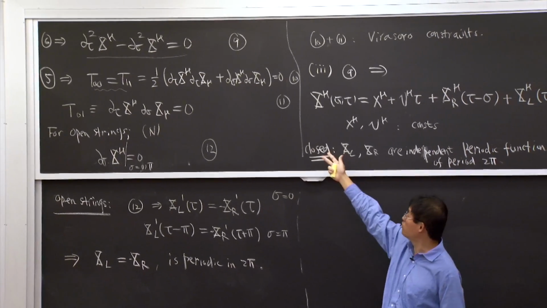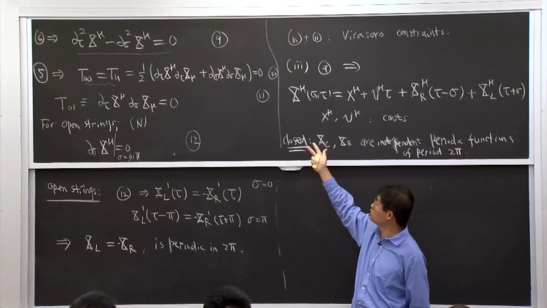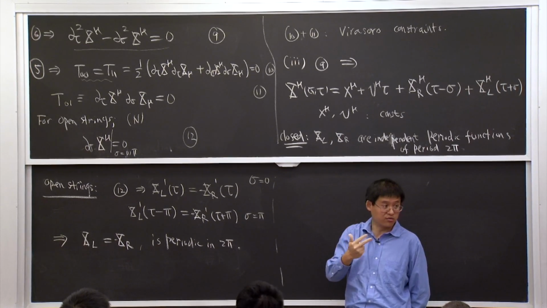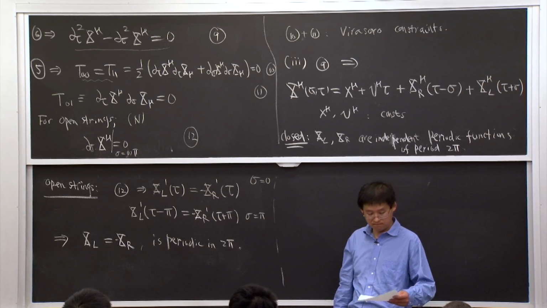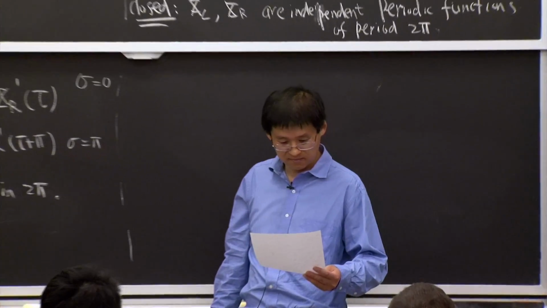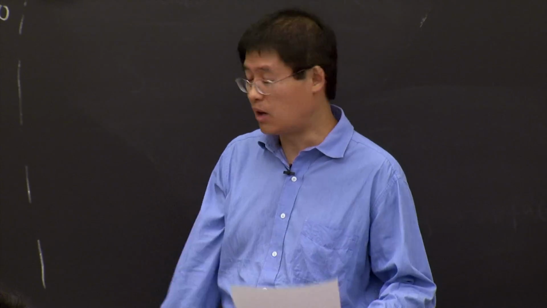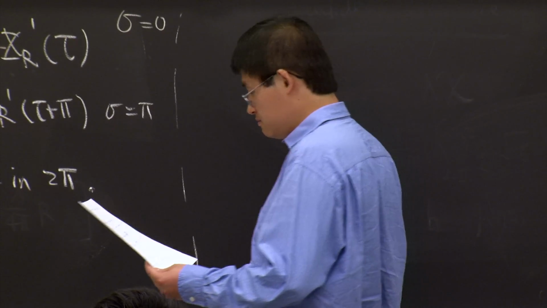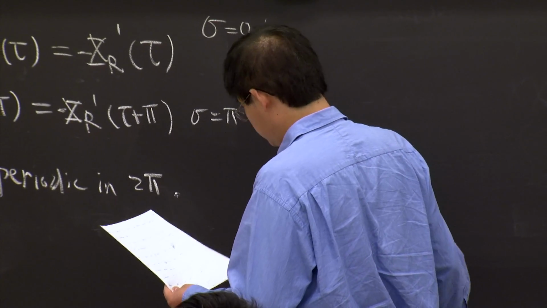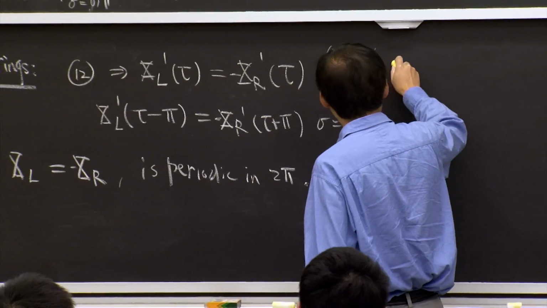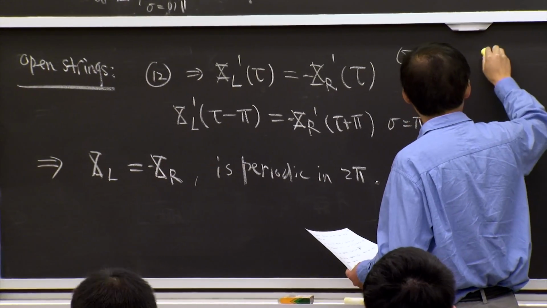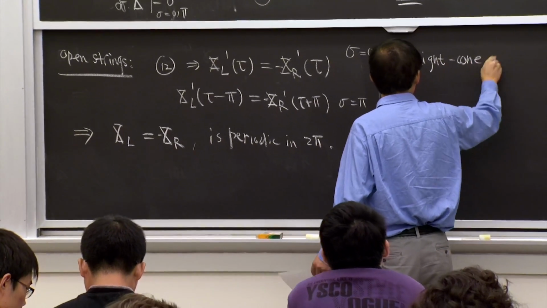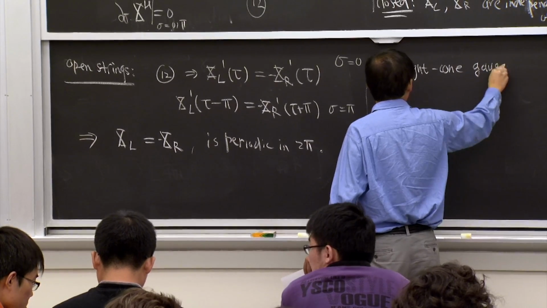Rather, I will try to find some trick to solve this constraint, and then quantize the independent degrees of freedom. Is it clear? So I will take the second approach. This is the idea of light cone quantization, the idea of going to the light cone gauge.